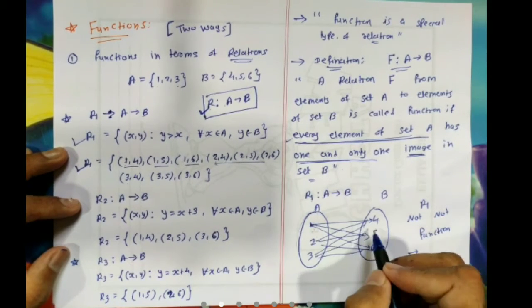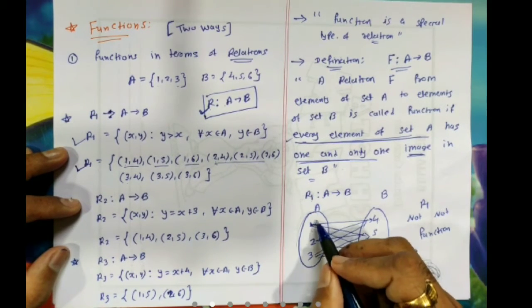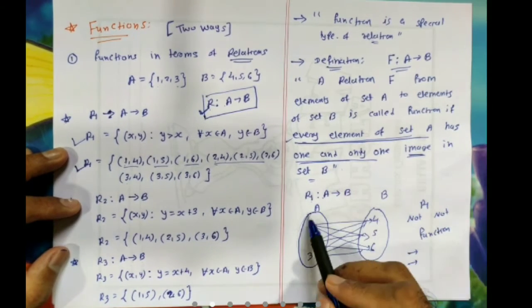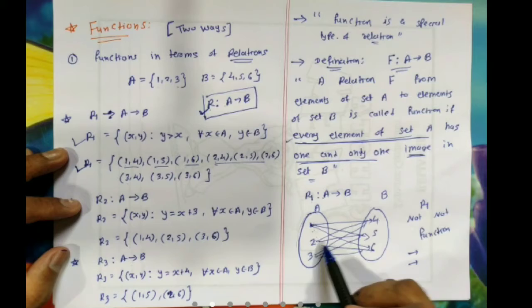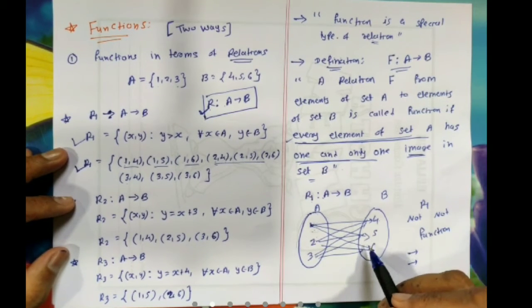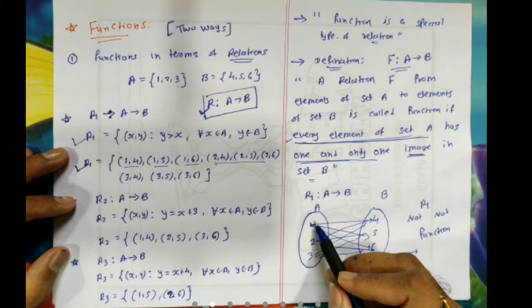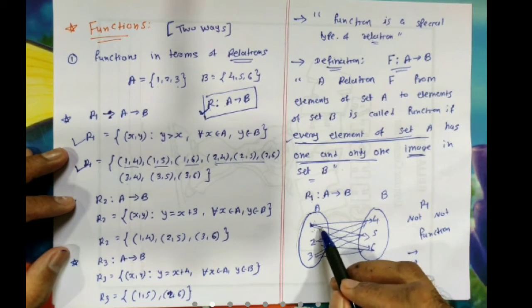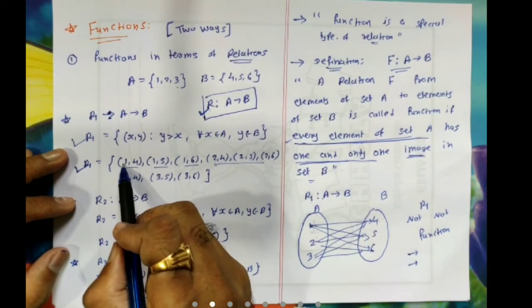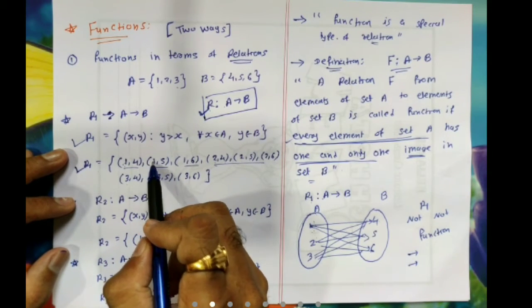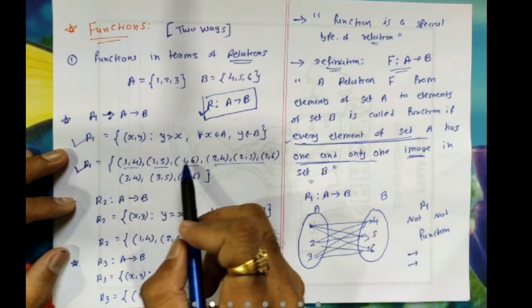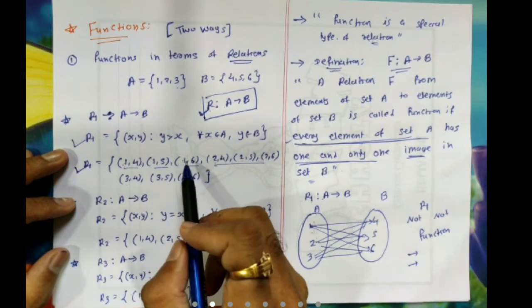You have to check both conditions. Here the first condition is fulfilled: all the elements have an image in set B, but that image must be one and only one. Each element should have an image, and in set B there should be exactly one image. Here in relation R1, element 1 has images 4, 5 and 6, so element 1 has 3 images.